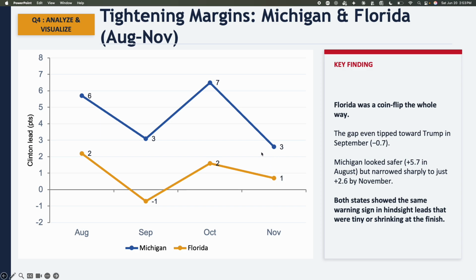Both states showed the same warning pattern, leads that were small or shrinking at the finish. In hindsight, both states went to Trump on election night, and this chart explains why that was such a surprise to everyone.